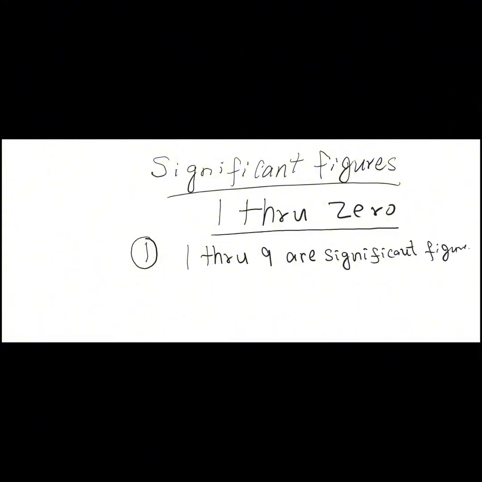If I write 190, how many significant figures? 2. 0 is not a significant number. 5,000, how many significant figures? 1. 45,000, just 1. That is called rule number 1. Again, rule number 1, 1 through 9 are significant. 0 is not a significant number.